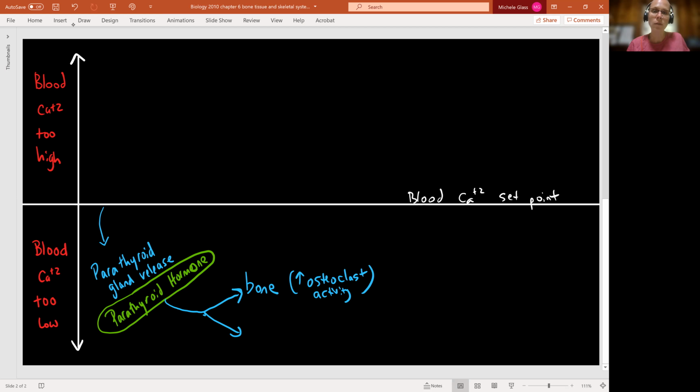We already talked in our hormone video about parathyroid hormone as increasing osteoclast proliferation and activity. And as such, remember the osteoclast is doing osteolysis. So when it does osteolysis, it's going to release calcium from the bone.